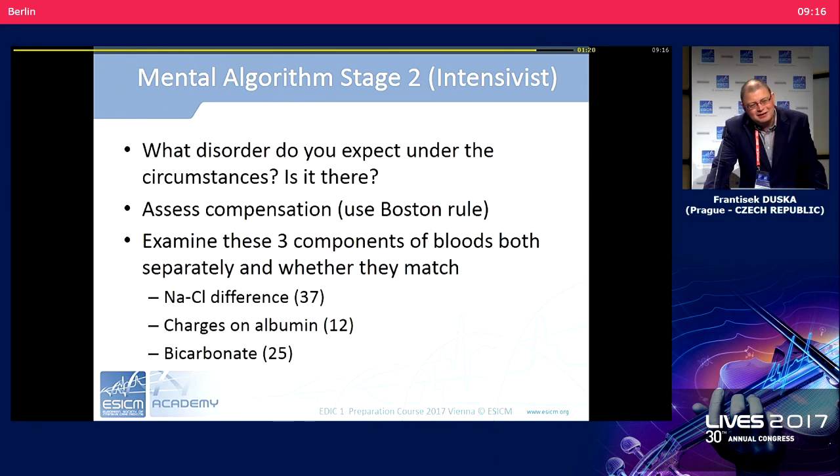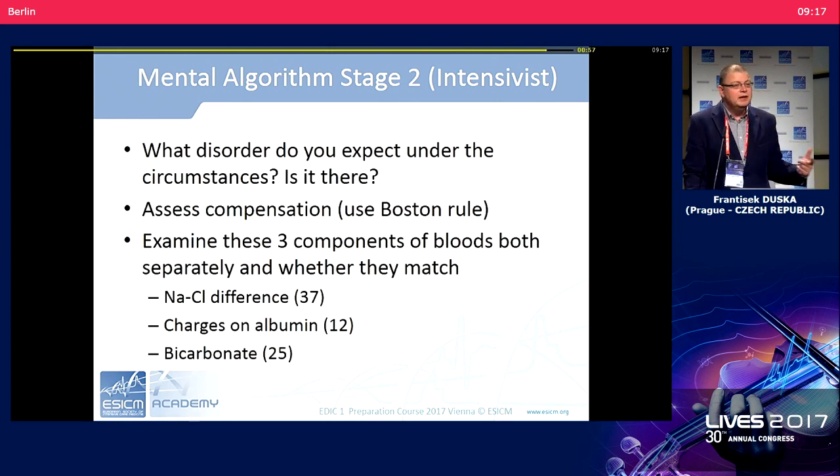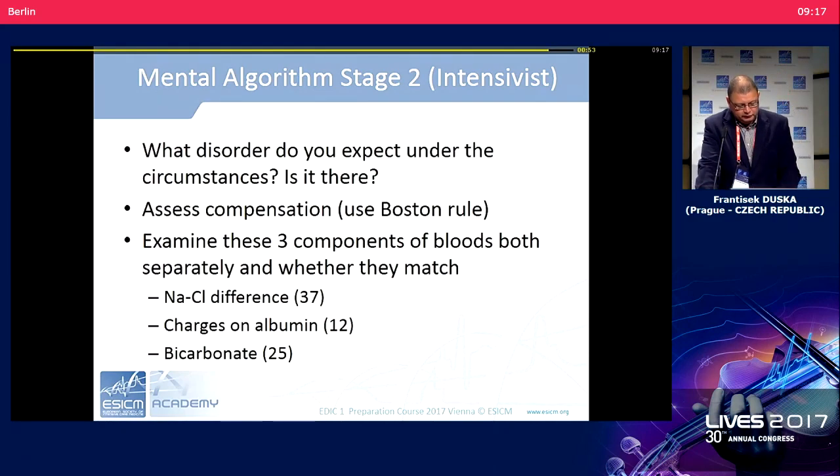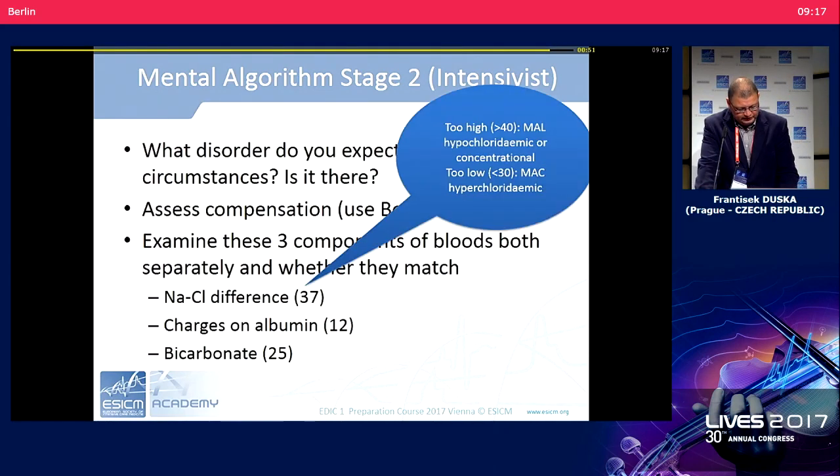And if it looks dodgy or suspicious, or if you have a sick patient with normal values, just use this intellectual approach by first looking at sodium chloride difference, which would, regardless of pH or base excess, detect abnormalities of chloride. Then look at the charges of albumin, then put them together, and this would detect circulating anion, okay?